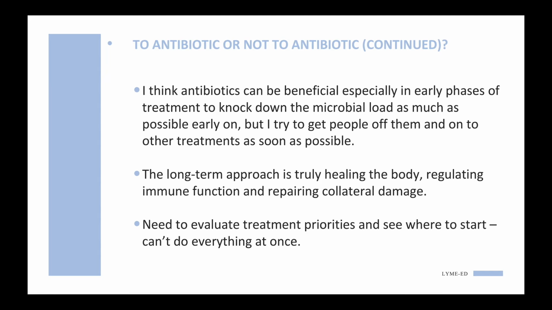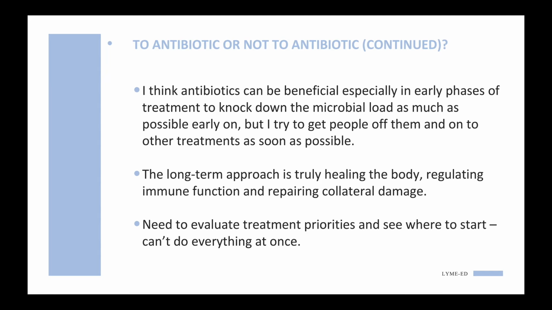Ultimately, the long-term approach is really and truly healing the body, regulating immune function, and repairing collateral damage. But I feel that in the beginning, when there is a high microbial load, just trying to support the immune function and expect it to take over is, in my view, a little unrealistic. I do think we have to do something to knock down the pathogen load so that the immune system can catch a break.